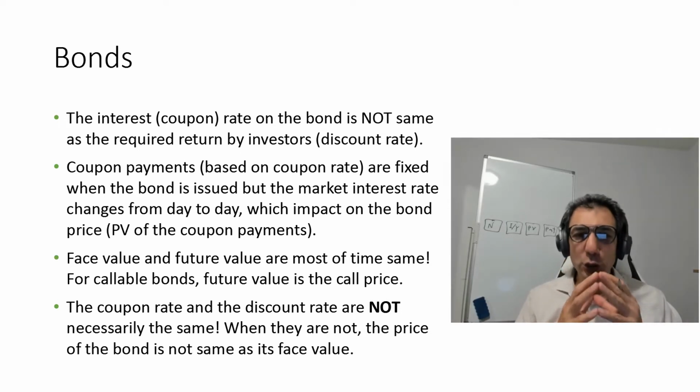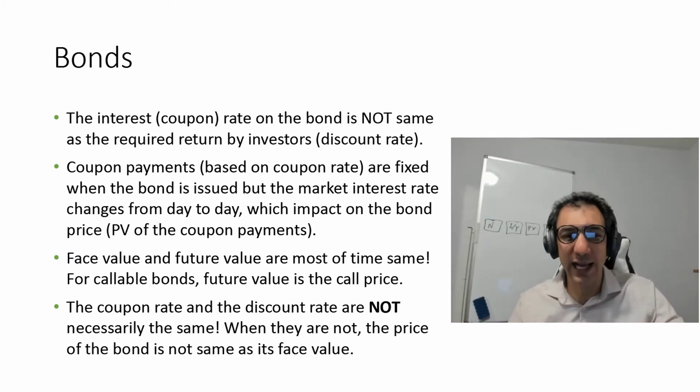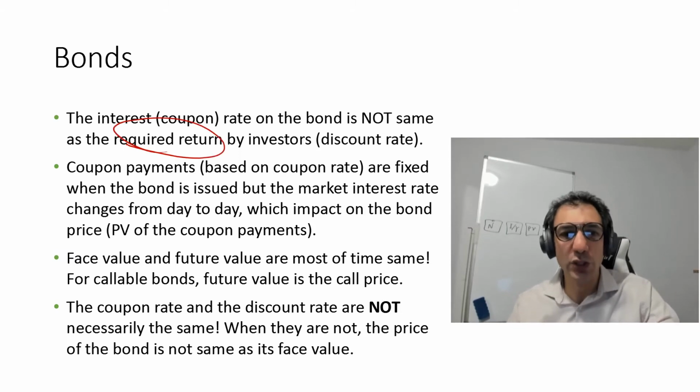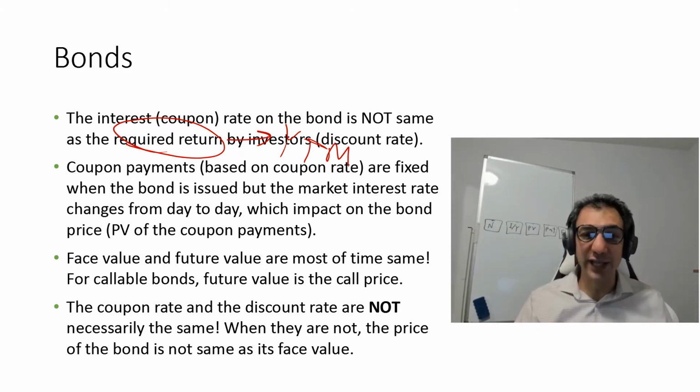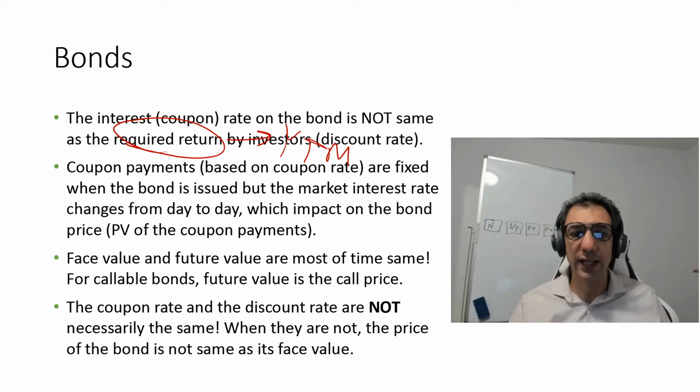Remember, these coupon payments or the coupon rates are not the same as the discount rate or the interest rate, which we also call YTM. So we use another term, yield to maturity, for the discount rate or the interest rate. These are not necessarily the same, and most of the time they are not the same.